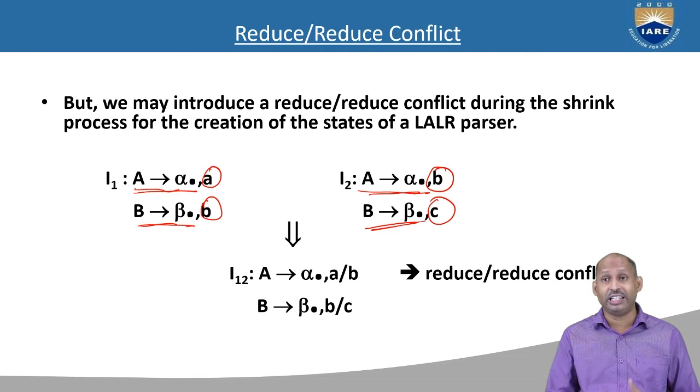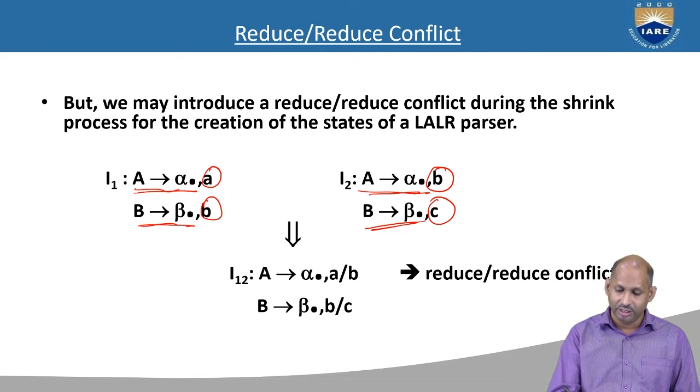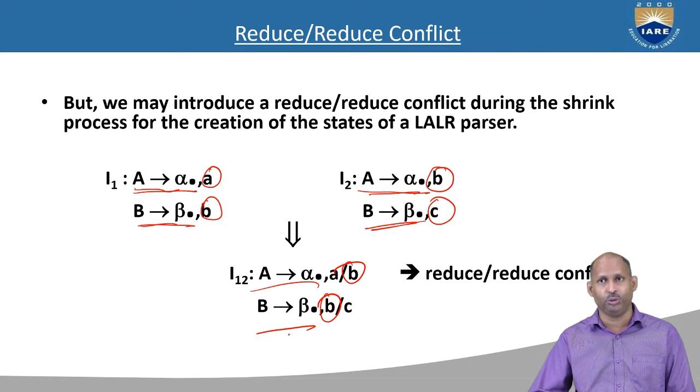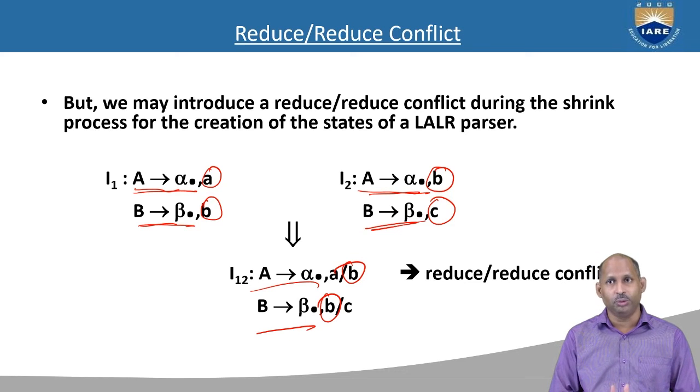Which production has to be reduced? Here it is B, here also it is B, and both productions are in the same group. We have to reduce one of the productions, but for the same input symbol B there is confusion.